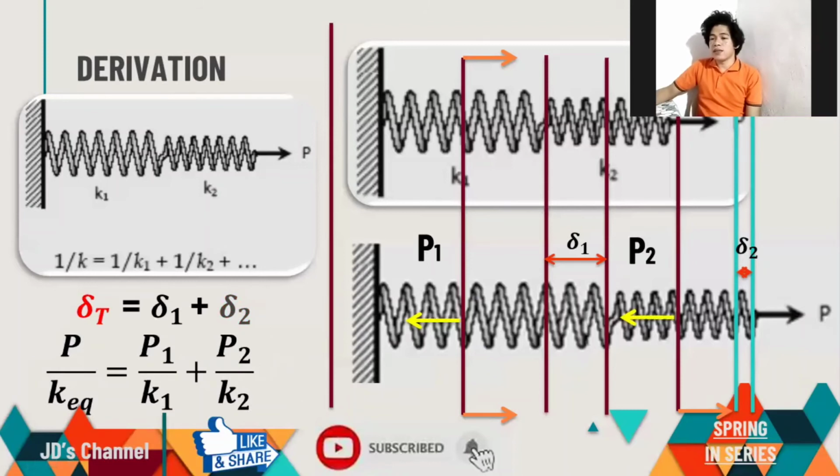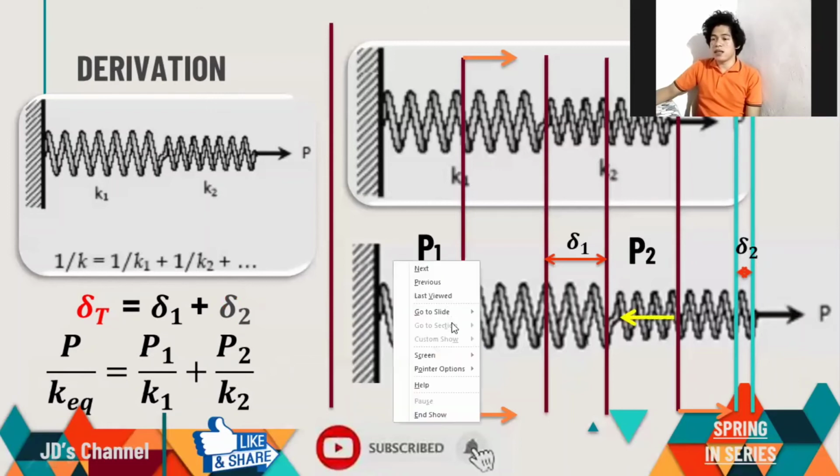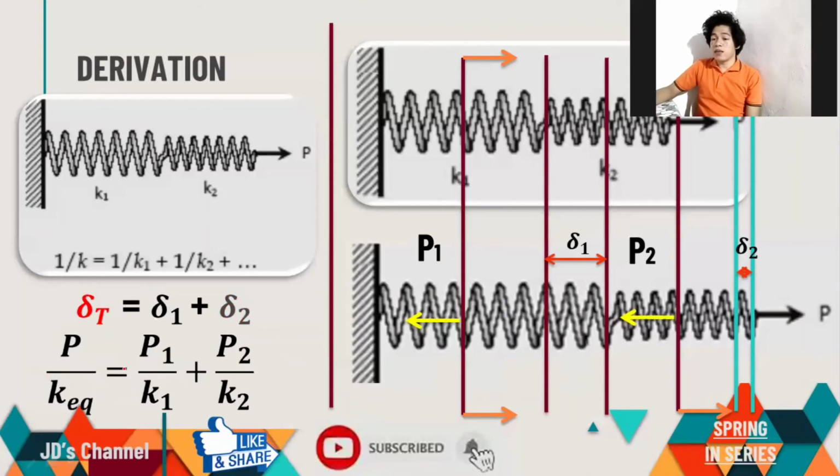Ayan. So, di ba tandaan natin yung K is equals to P over ng ating delta. Since delta yung ating hinahanap, so we get this delta. So the total delta is equals to P over ng yung ating K equivalent, is equals to P1 over ng K1 plus P2 over ng K2.